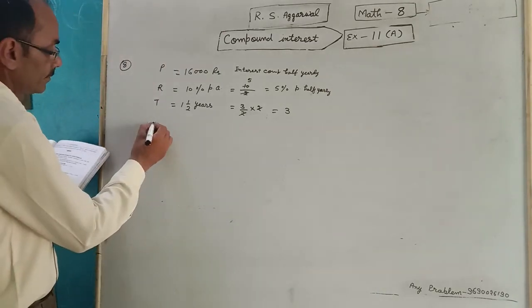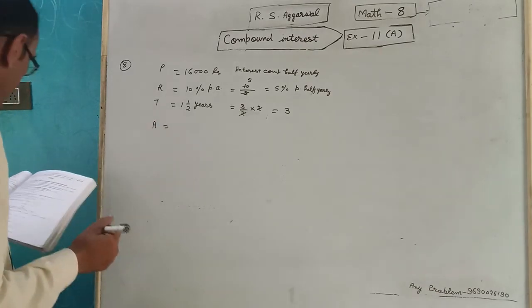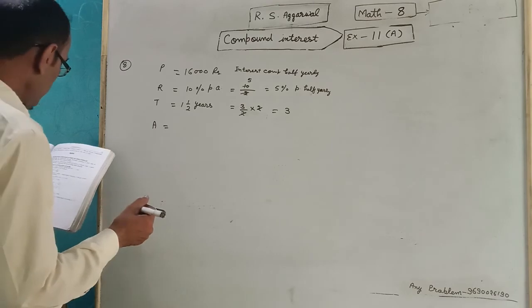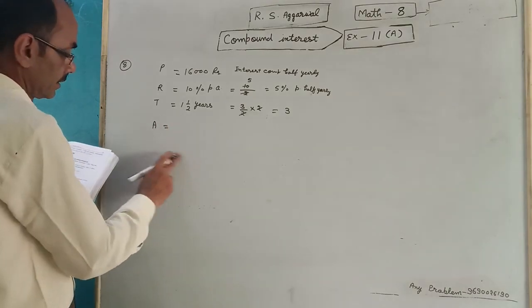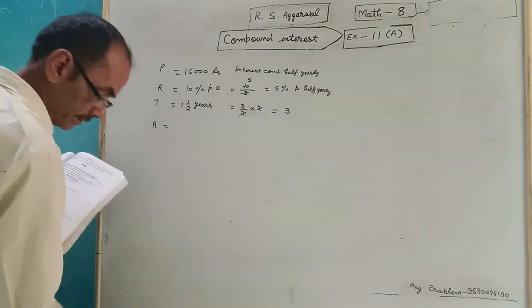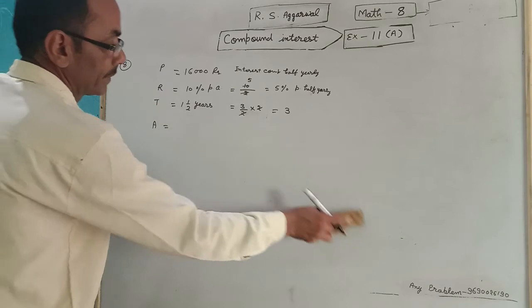Write A is equal to. What amount of money will discharge his debt back? How many rupees back to pay the debt?